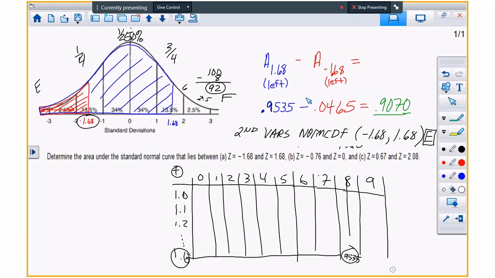Now, they do put tolerances in the answers, so you can say 0.9071, 0.907, 0.9069, or whatever. So by the calculator and by the table, you should have the same answer.